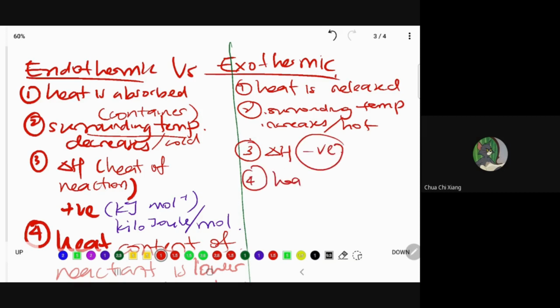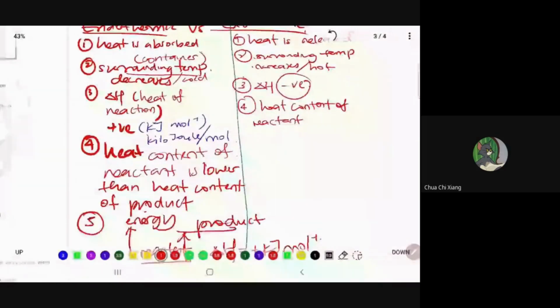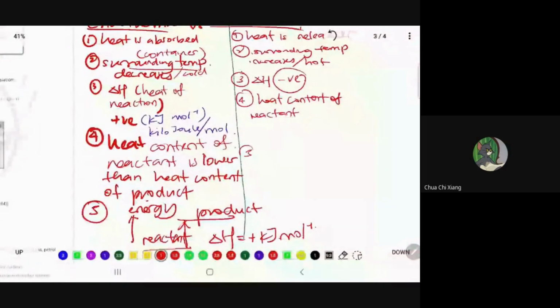Okay, and heat content of reactant, yes, very good. Actually, you can look at the graph, since I did say it's higher. So on the energy diagram, your y-axis, you have to label energy. So the reactant heat level is higher. So this is your energy diagram.